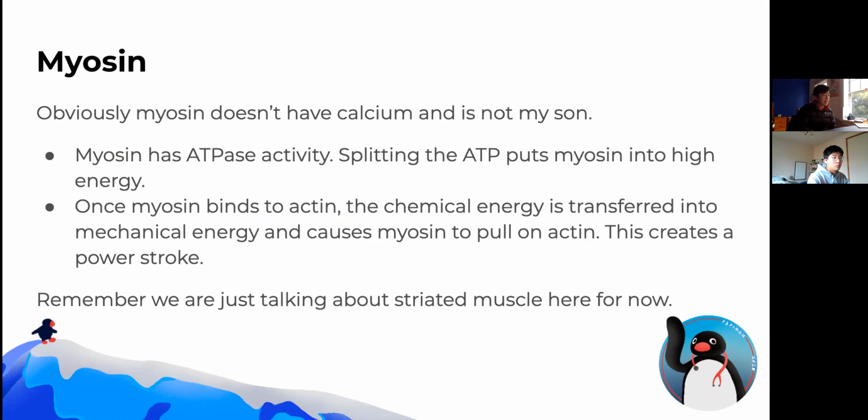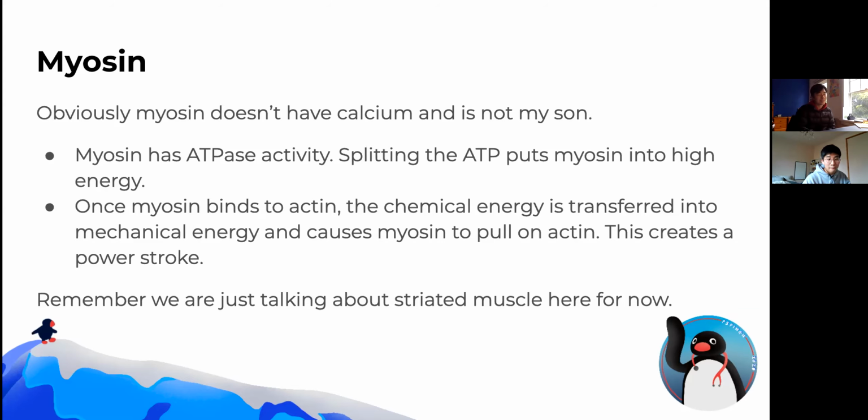So myosin has ATPase activity, which means it splits the ATP, giving myosin this high energy, into ADP, adenosine diphosphate, and Pi, inorganic phosphate.